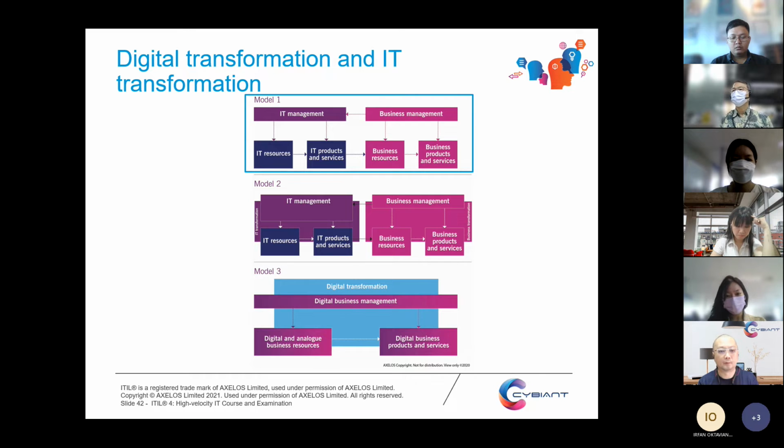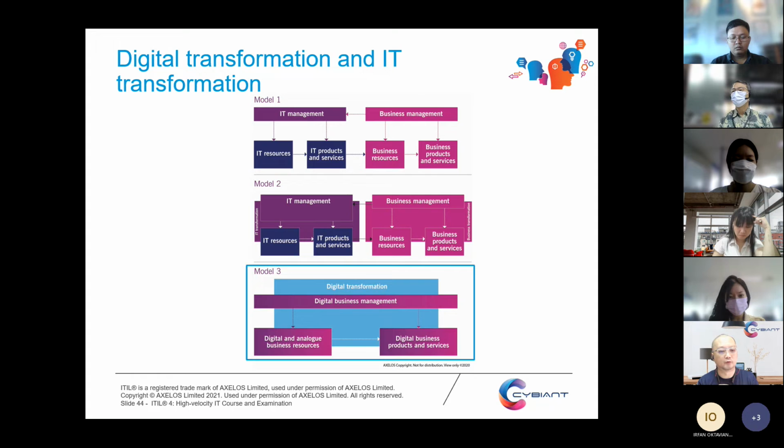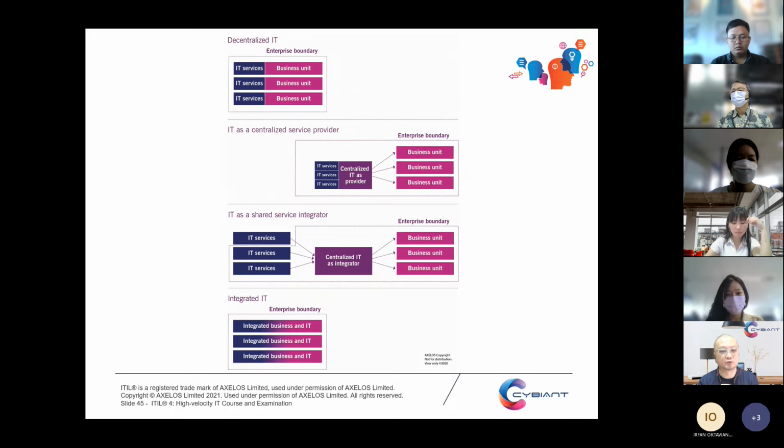Model 1, Model 2, and Model 3, which is the co-creation part. So again, it comes to this slide. And then yesterday we did discuss what BCA is doing. You guys say you are centralized, but you also have some so-called subsidiary or some business unit which is doing an integrated IT.